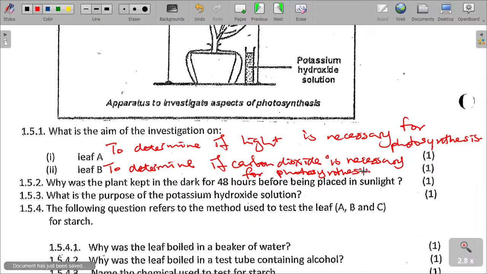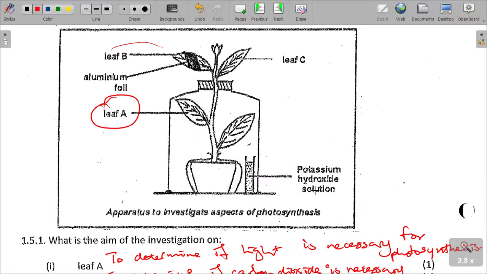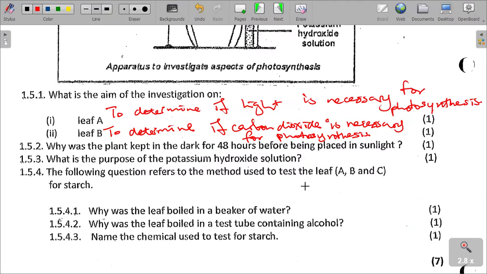You see that aluminum foil there; it is obstructing the absorption of carbon dioxide by the leaf. Hence, we would identify if carbon dioxide is necessary for photosynthesis.